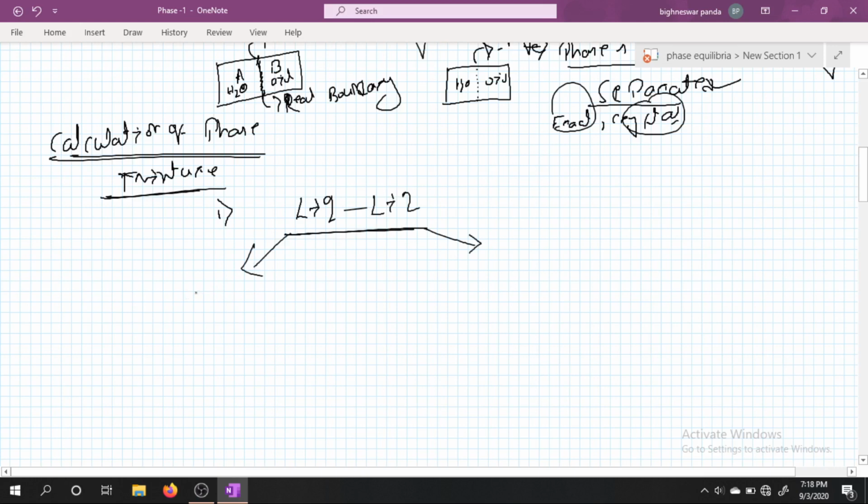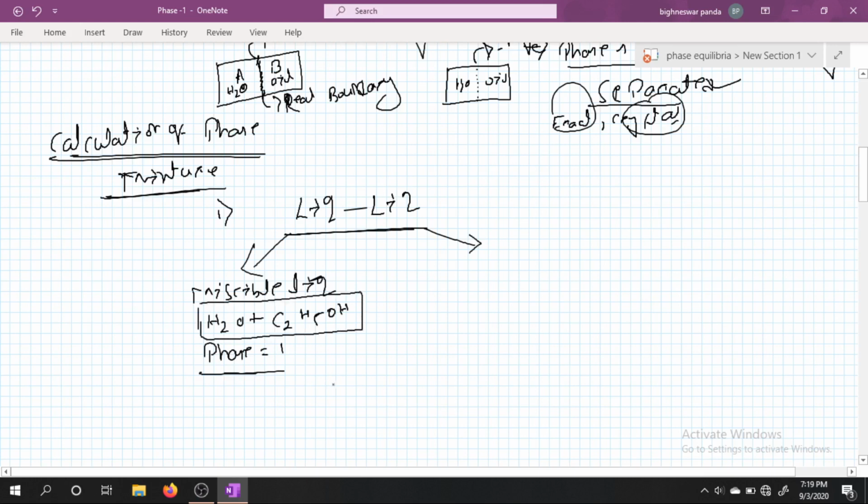If we are taking miscible liquids such as water and alcohol, both mix with each other, and in that case the phase is equal to 1.